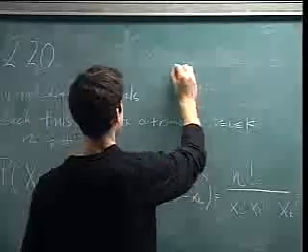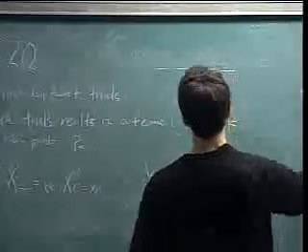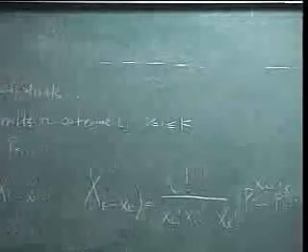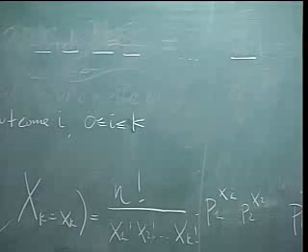So you can literally think about it: I have n trials, and out of those trials I want exactly little x1 to represent outcome 1, and exactly little x2 to represent outcome 2, and so on and so forth.